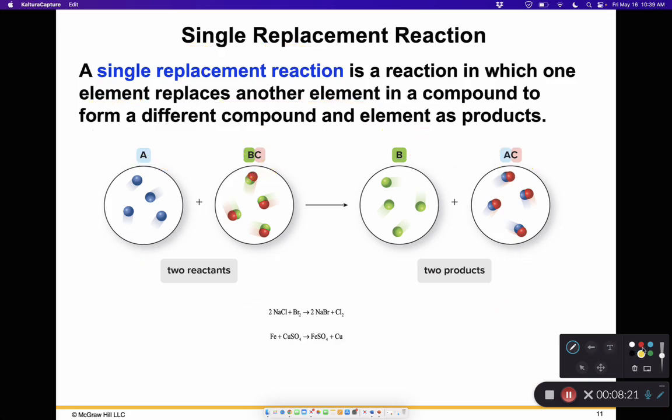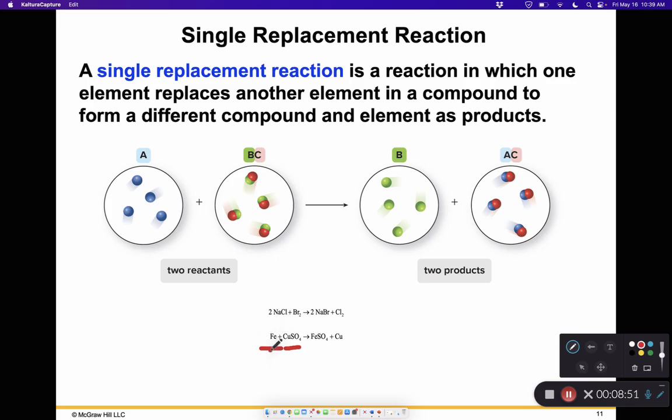Let's understand with another example, a real example here. We have iron, right? And we have copper sulfate, where iron is the element. Copper sulfate is a compound because we have copper and a polyatomic ion, right? We have cations and anions. This is an ionic compound. And iron is a pure element from the periodic table, iron solely by itself.